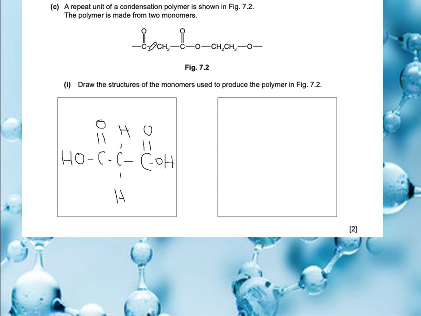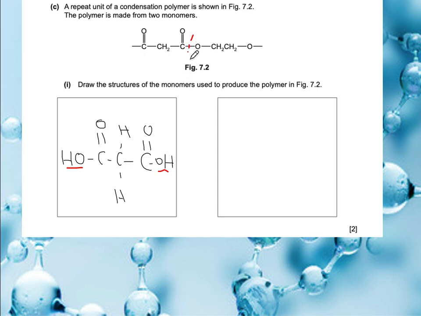So we're going to draw the C double bond O, and then add the OH, and then write the CH2. I wrote it like this to make it obvious that the CH2 is a bond surrounding the carbon. And then the carbon will be bonded to the C double bond O, and then we add H, OH here.